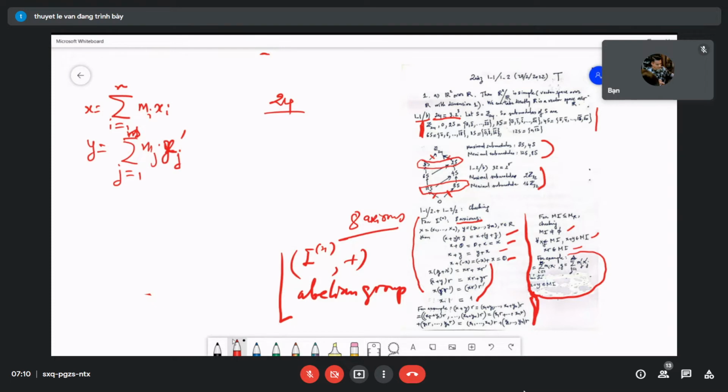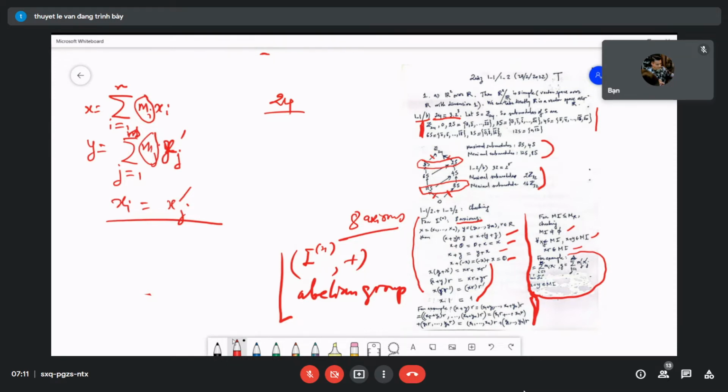And then you can divide into two kinds. Some xi is equal to xj prime, something like this. So you can take the elements of, okay, sorry, here is m. Okay, m. You can divide it where mi and mj are equal.